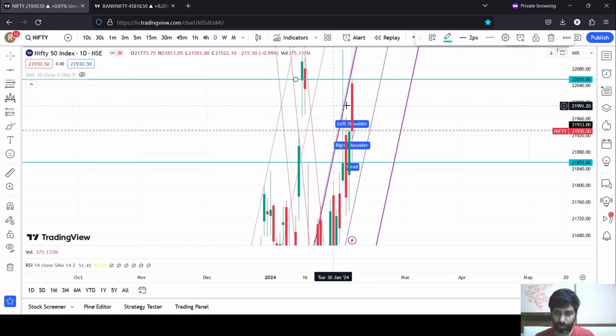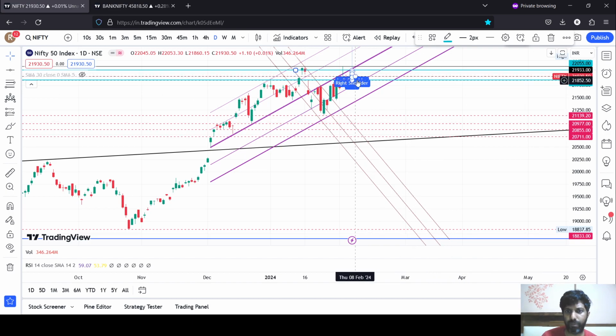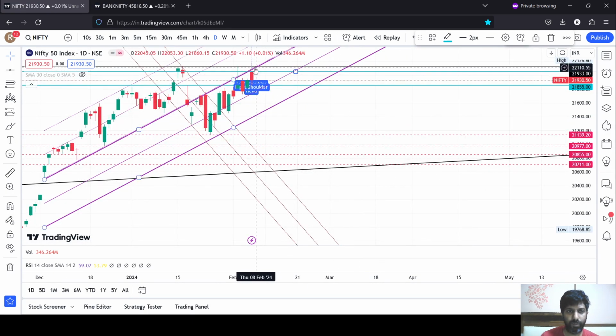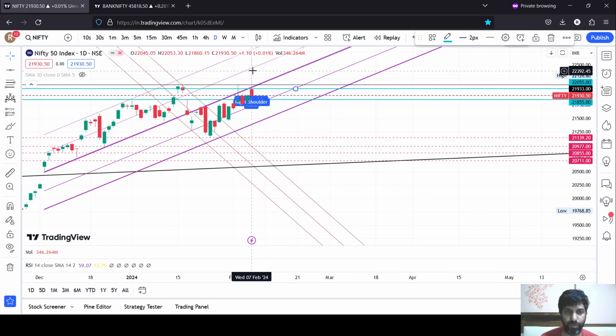So tomorrow it is possible that if the market opens a slight gap down, or a slight gap up, or even if it opens flat and then crosses this, then there is a good chance that it will test 22,407 levels also, right? So even these levels, 22,436 levels, 22,445 levels are also possible tomorrow, being Nifty expiry.